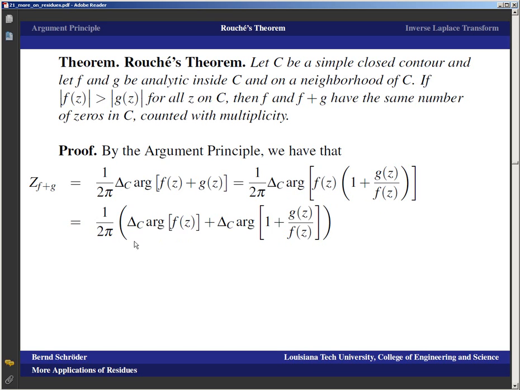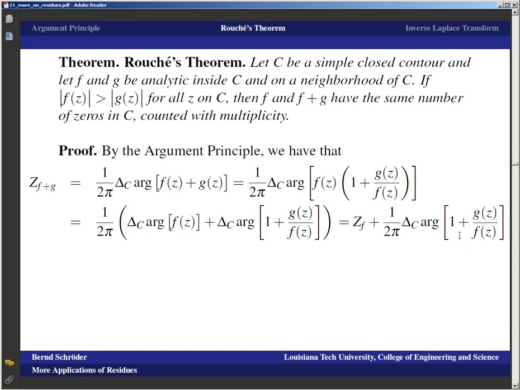So we can break up these changes in the arguments to look at f of C as well as at 1 plus g of z over f of z. And on one hand, this is the number of zeros of f inside the contour C, because both f and g are analytic and don't have poles, so that's just the argument principle applied to 1 over 2 pi times this delta C arg f of z.